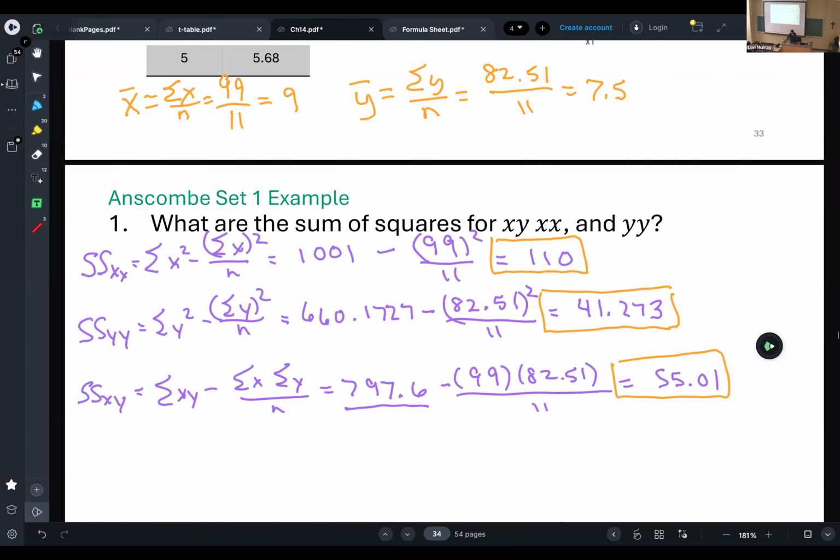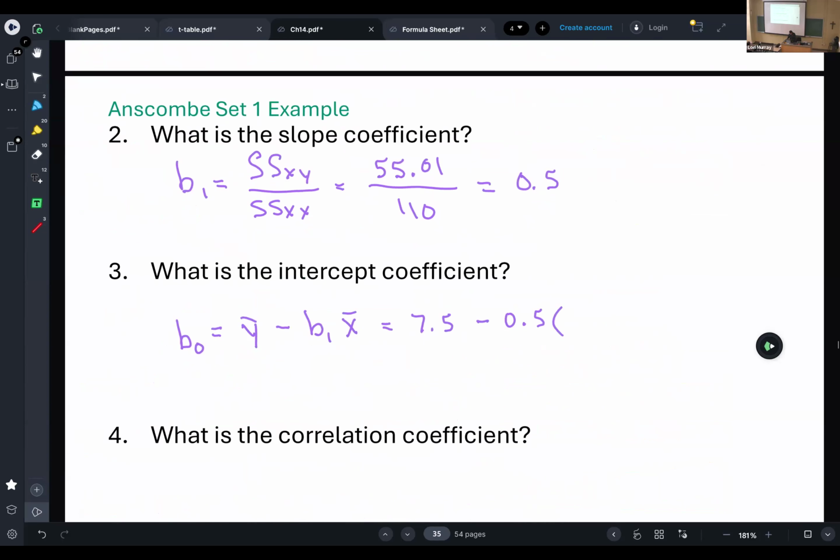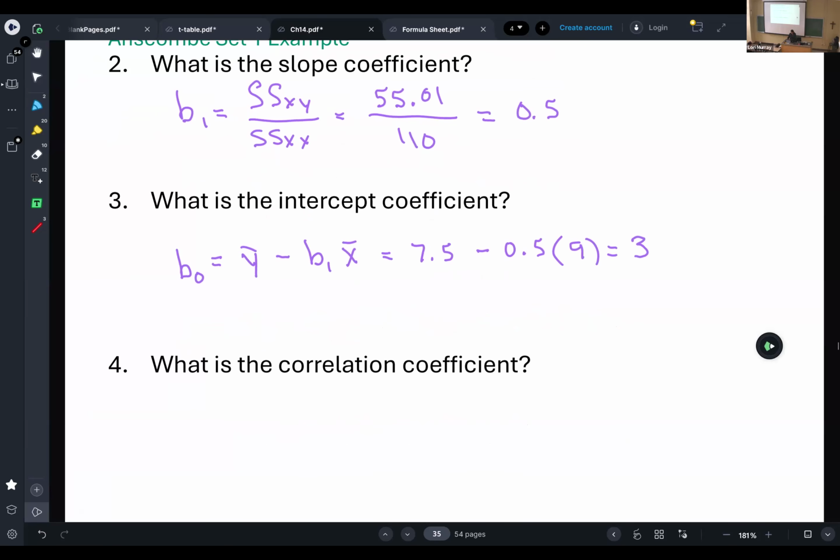Just gonna make sure, 7.5 and 9. And we get 3. Is it just a 3 by itself? 7.5, subtract 0.5 times 9, yep, 3. All right, so we can put all that together.